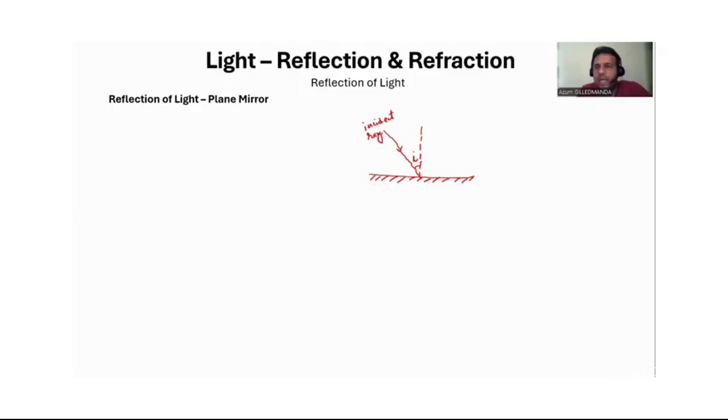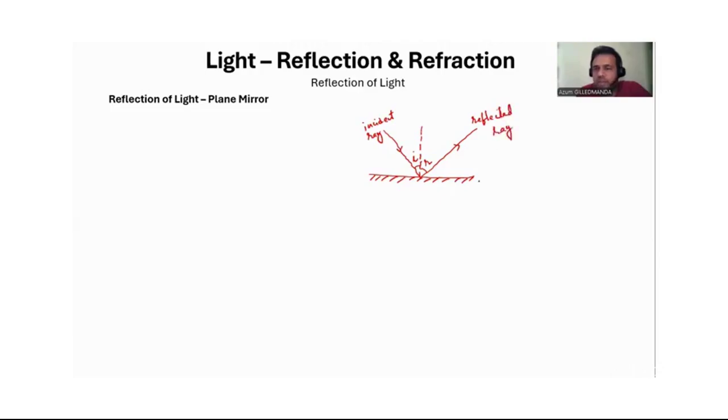So when a light ray falls onto a mirror, the angle between the incident ray and the normal is called the angle of incidence. Then this gets reflected back into the same medium, and this angle is called R, the angle of reflection, and this is called the reflected ray.